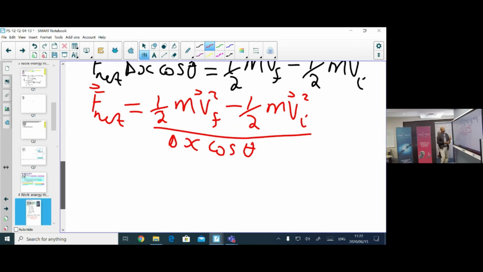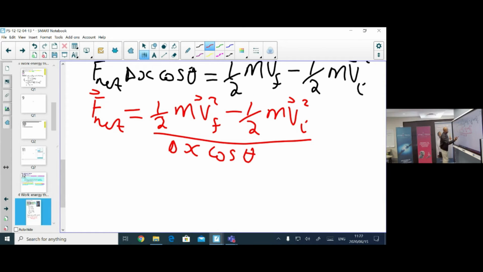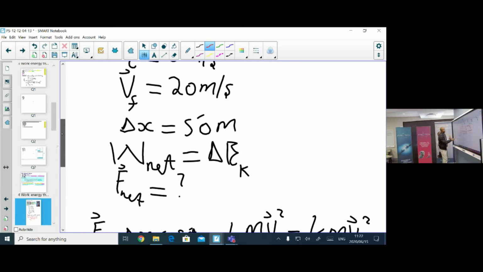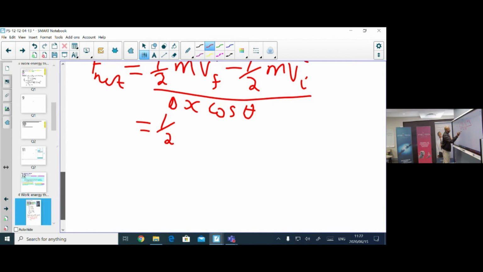What we are going to do now is to substitute the given information in this formula. F net is equals to half. What about the mass? Mass is given. Let me go back. The mass is 900, that is 900 in kilograms.